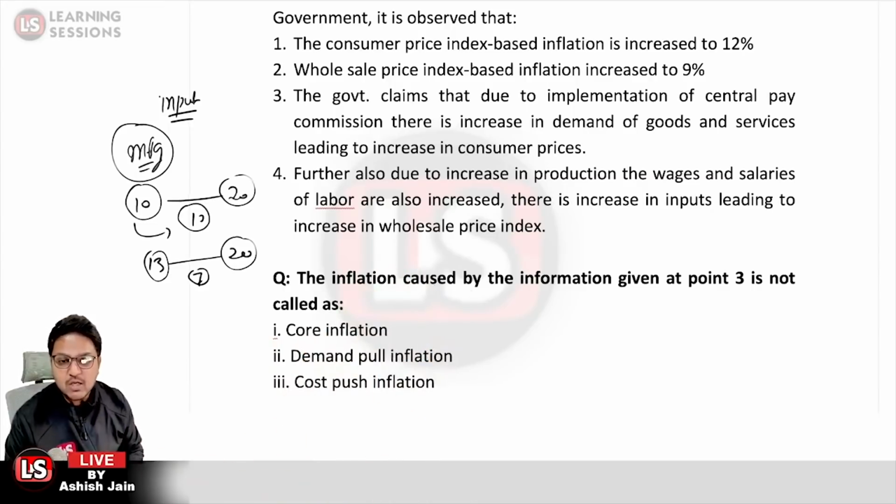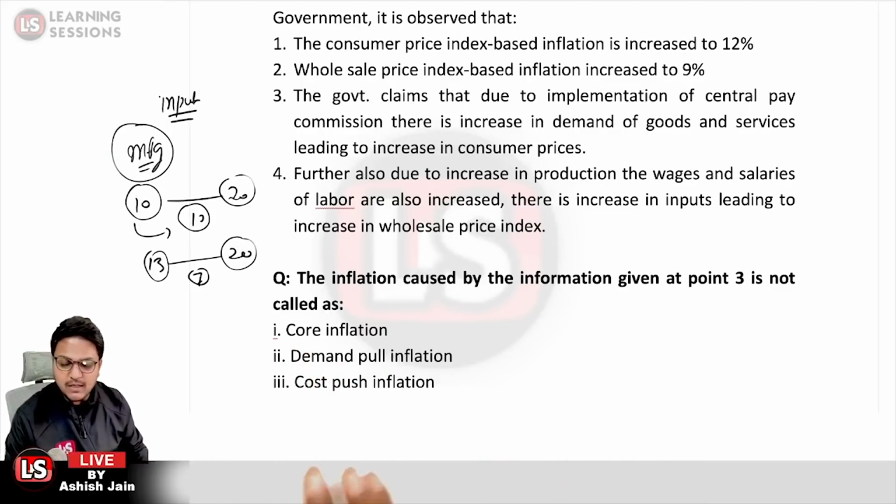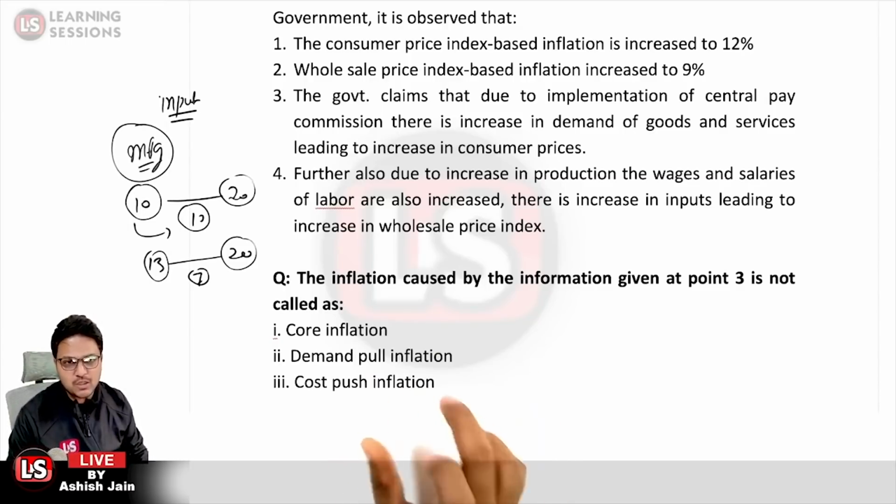So when there is a shortage of the product, there will be an increase in demand. That is related to cost push inflation, where inflation is due to the increase in the input cost. So two are the main causes: demand pull inflation and cost push inflation.